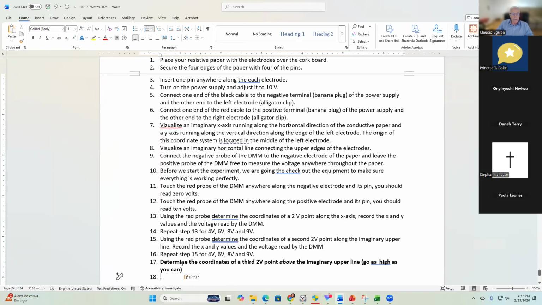Here you go. Determine the coordinates of a third 2-volt point. Now we're just repeating what we did before at different positions in the black paper. Above, but now above the imaginary upper line. Go as high as you can. Okay, record the X and Y values and the voltage read by the DMM.